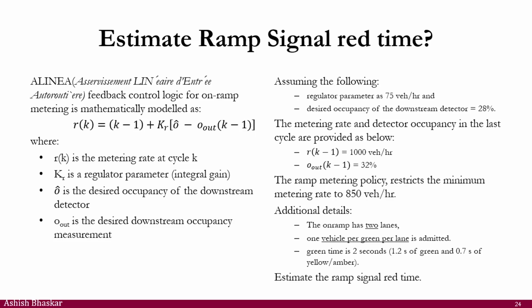Next one is, if I change it further, I also specify a minimum ramp metering policy. I should not have any ramp metering less than 850. 850 is the minimum I'm going to specify. And now I have a new data set.